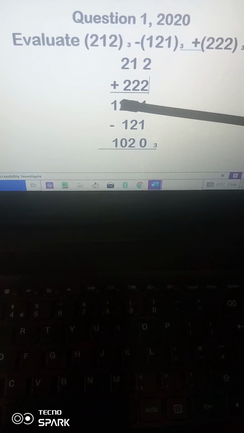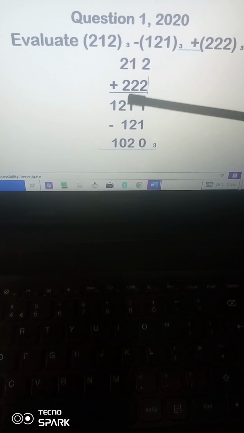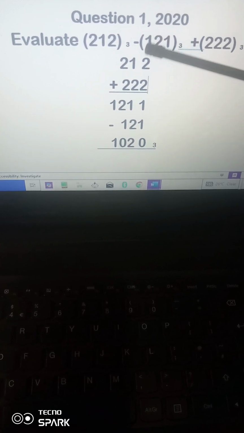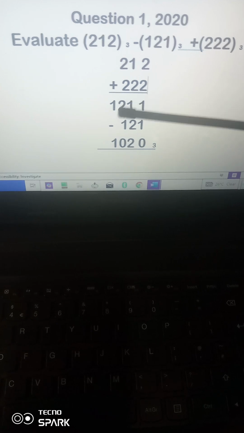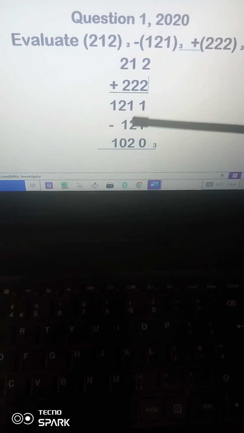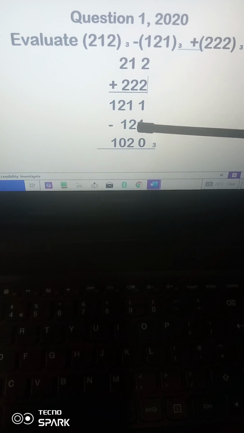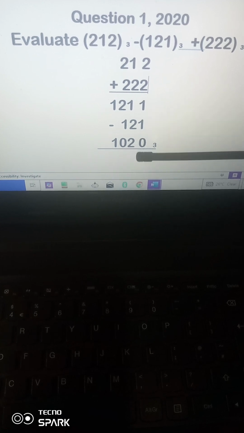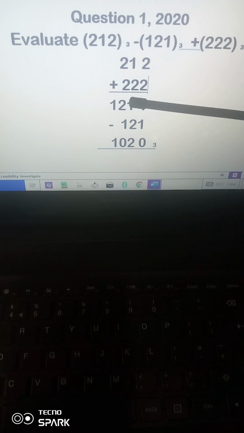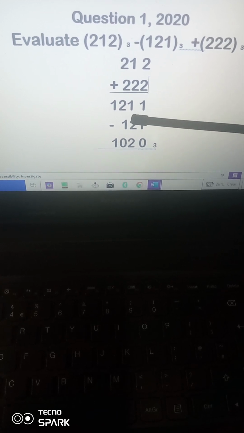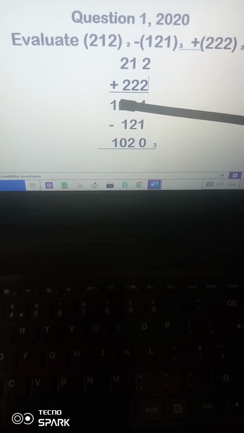Then the next thing we are going to do is to subtract this. 1211 minus 121. We go. 1 minus 1 in base 3 is 0. 1 minus 2 cannot. So we borrow 1 from these two.